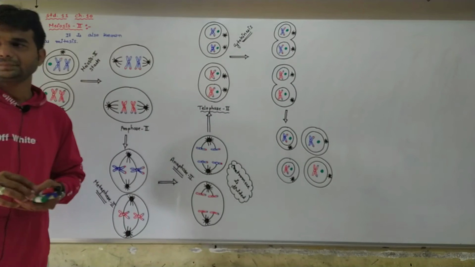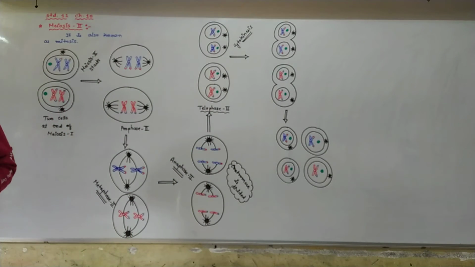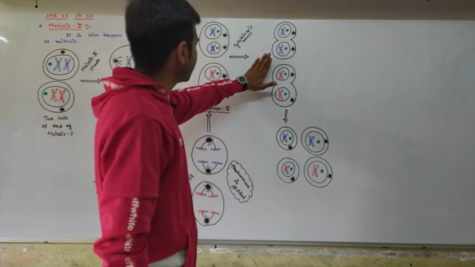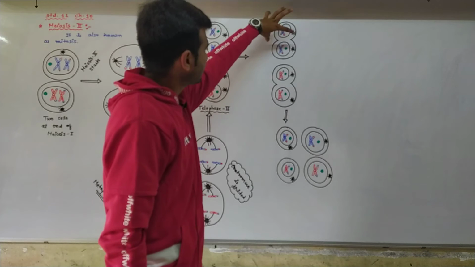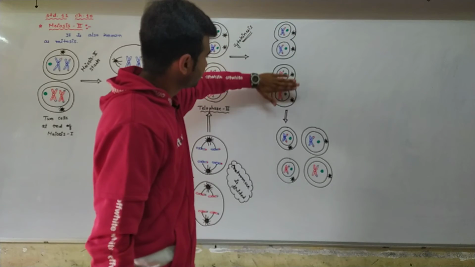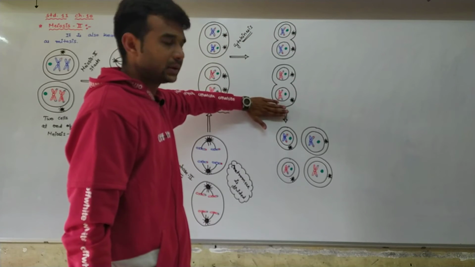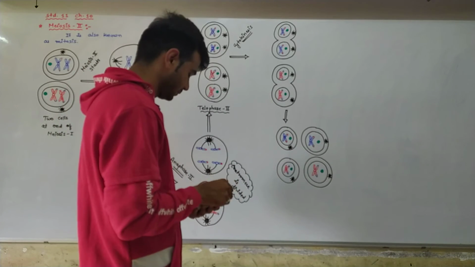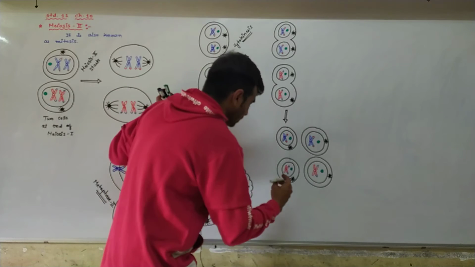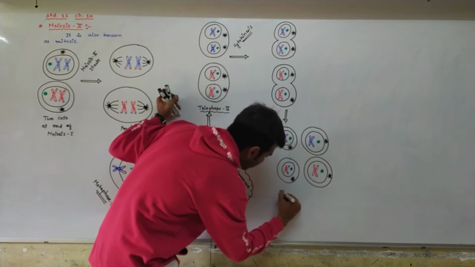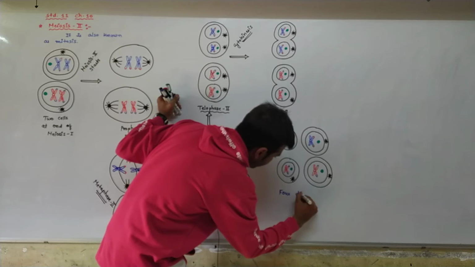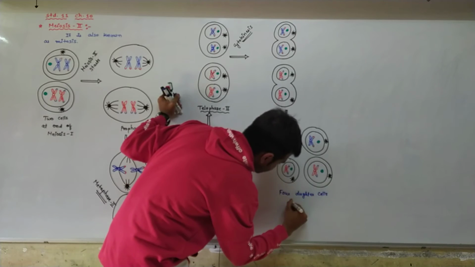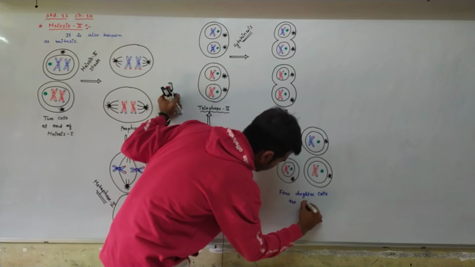Okay. See. So here, after telophase 2, the cell enters the cytokinesis stage. So a cytoplasm division notch is formed, same like that. And at the end of this, four daughter cells are formed.